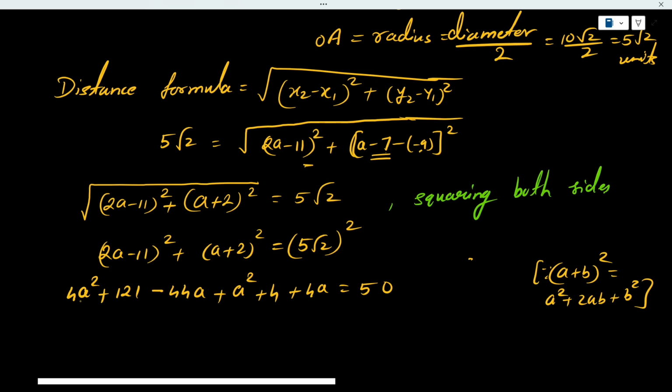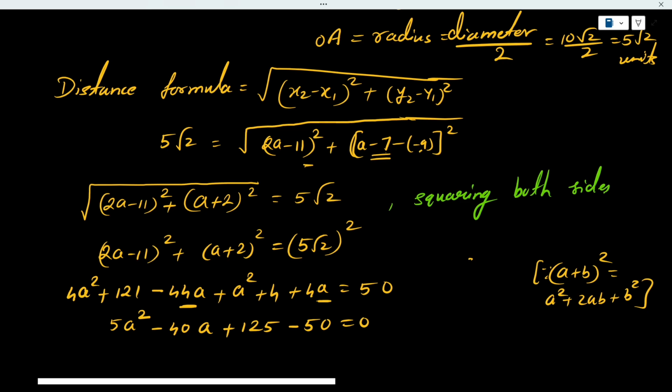Now take the like terms. 4a square plus a square will become 5a square, then minus 44a plus 4a will become minus 40a, and then 121 plus 4 will become plus 125, and then minus 50 equals 0.